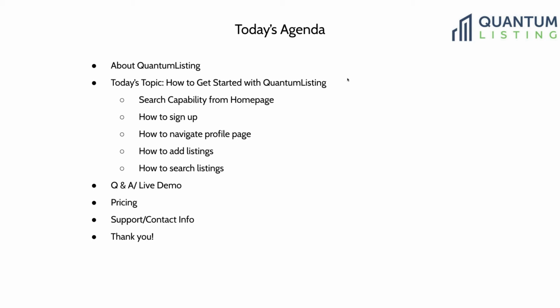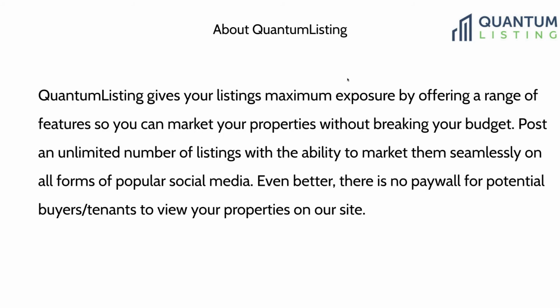And then once you've signed up, the next important step is getting to know your profile page, including enhancing your profile and then all the different features that you can access from the profile page. And we'll talk about adding listings and how to search. And most of this we'll be doing with a live demo from the website. So buckle up, we've got a lot to cover.